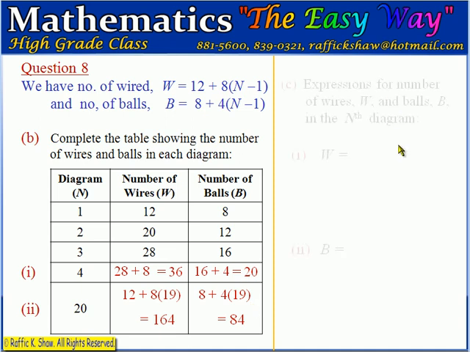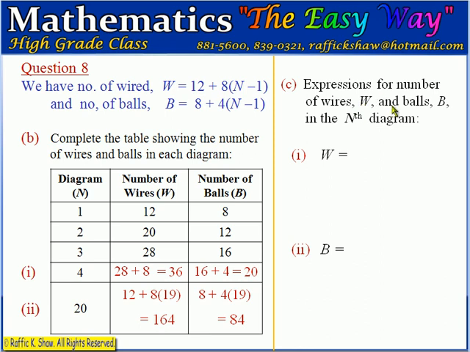Now in part C, we are required to write expressions for W, the number of wires, and B, the number of balls in the nth diagram. We already have these expressions, but these expressions can be simplified. And so let's show that. We have that the number of wires in the nth diagram would be 12 plus 8 times n minus 1.